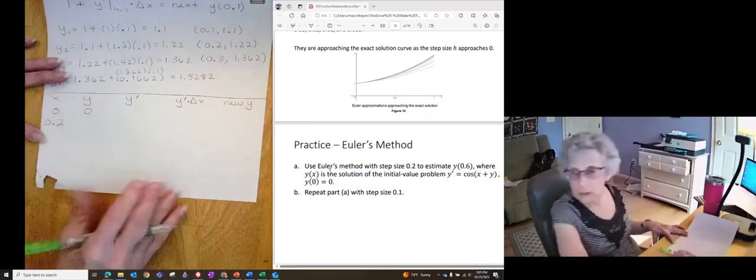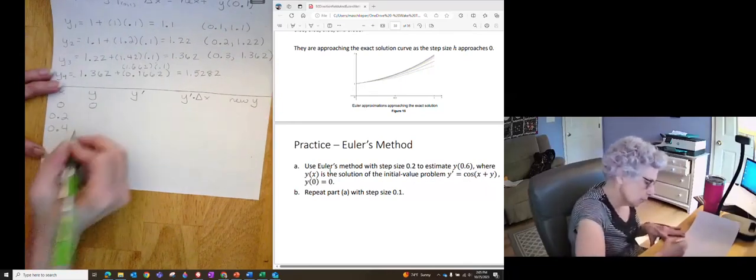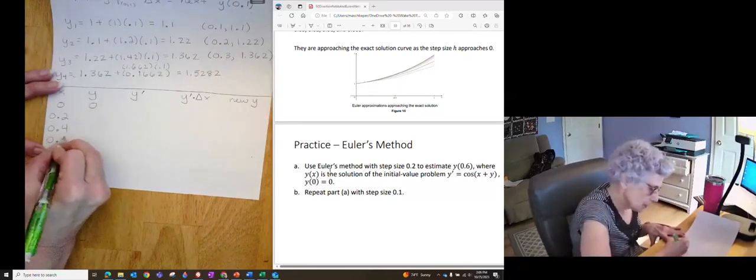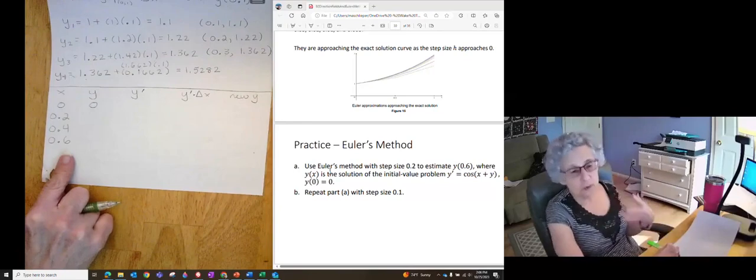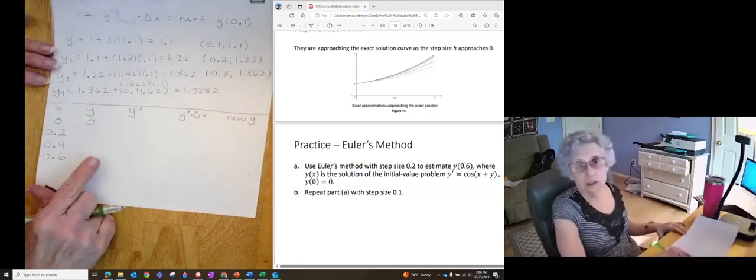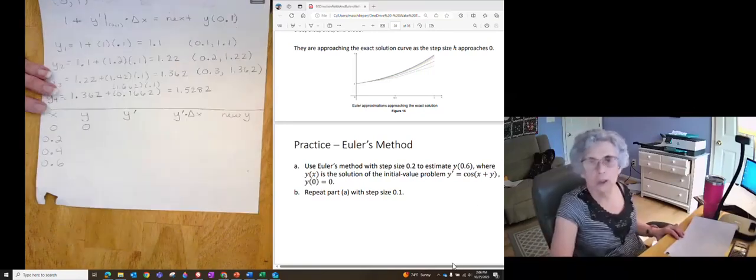Your step size is 0.2, and you only have to do 0.2, 0.4, 0.6, and you'll be done. So this one would not be that challenging to do, and you would be expected to do something no more complex than this on test day by hand.